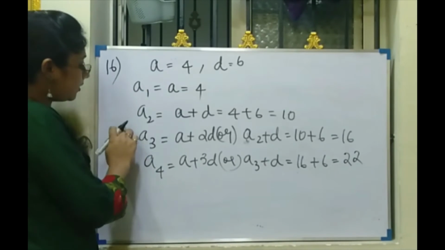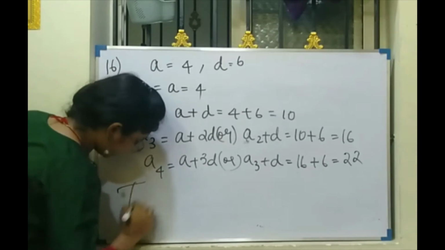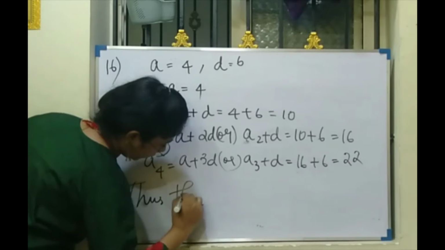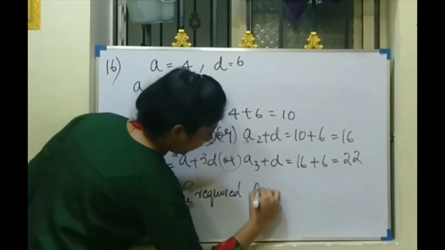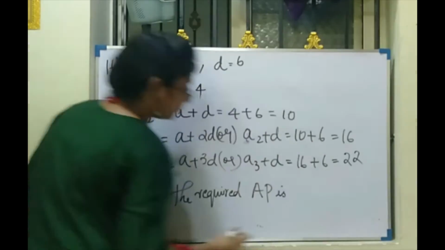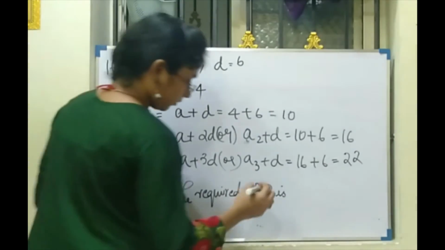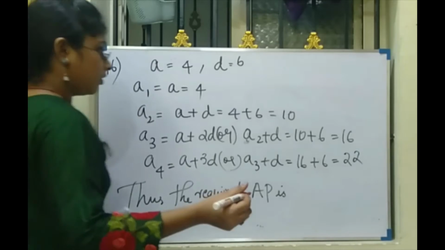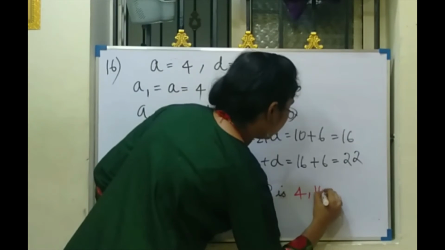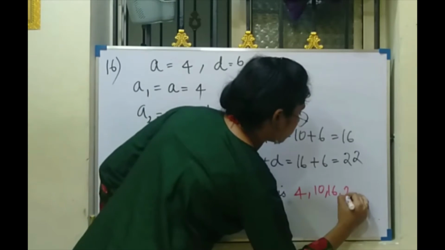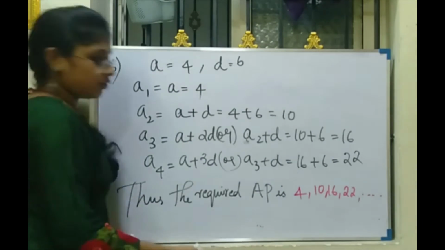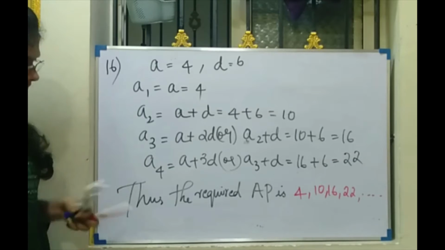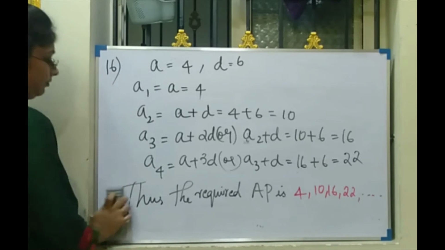So we got the first 4 terms. Thus, the required AP is 4, 10, 16, 22, and it goes on. So this is how you have to do this sum, and here this sum ends.